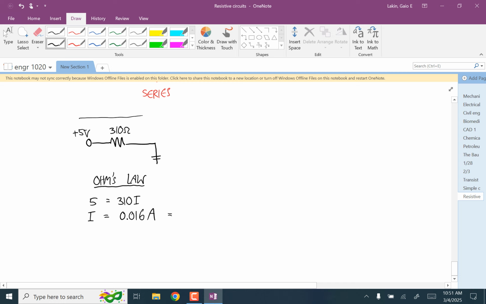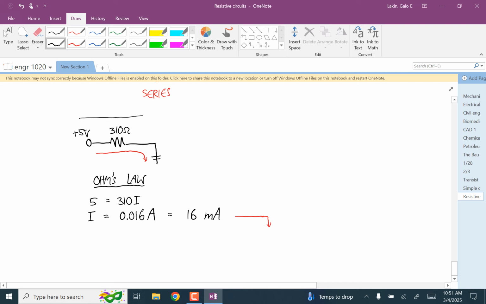Or if you want to do it in milliamps, that's 16 milliamps. Okay, so we know that the current is flowing this direction, and we know that that's the current in each one of those resistors.